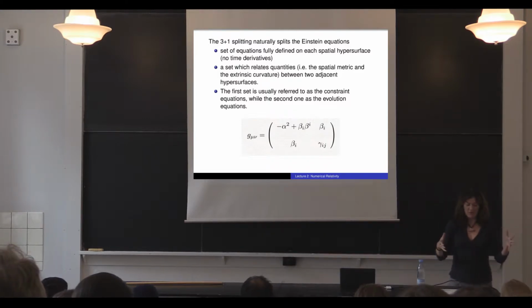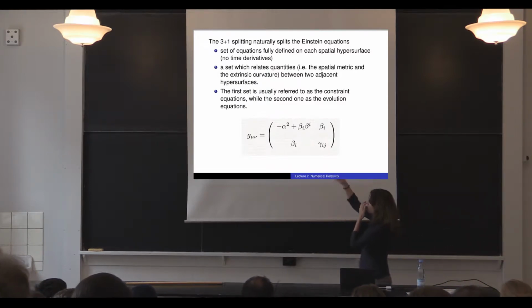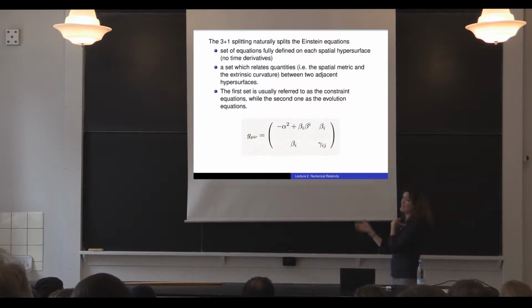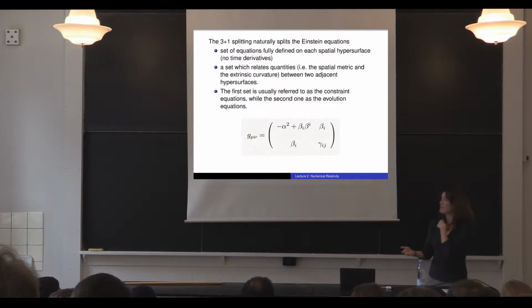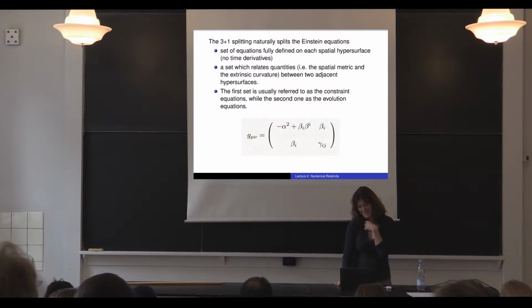We've taken our equations and now have evolution equations, and we also have constraints. We're going to have a set of equations defined on each spatial hypersurface with no time derivatives. Those are constraints. And we're going to have a set which relates everything between adjacent hypersurfaces. Those are evolution equations. That's where we spend our time.